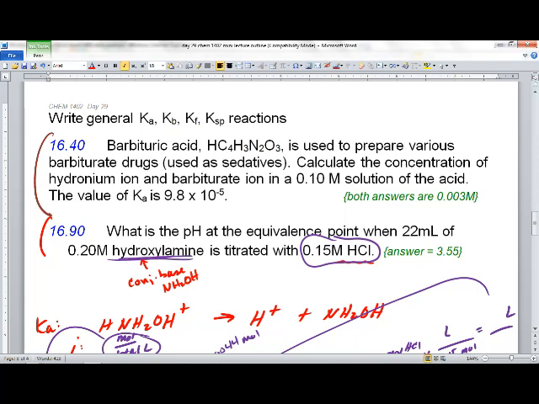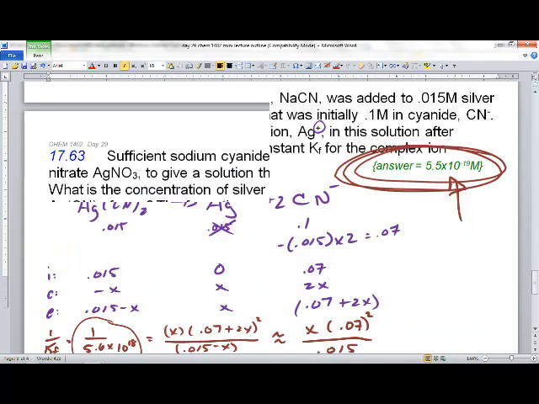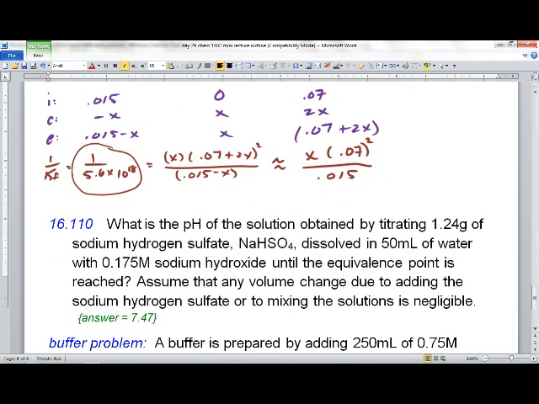They're after concentrations of hydronium, which is H plus. Technically, what H plus is in the solution is H3O plus. Just find H plus. All right, do ICE. Okay, have a Ka reaction. Well, we did those two. We did that one. How about this thing?